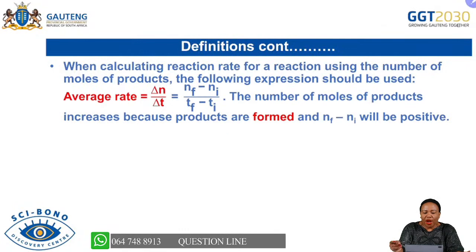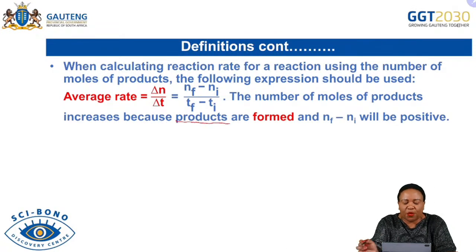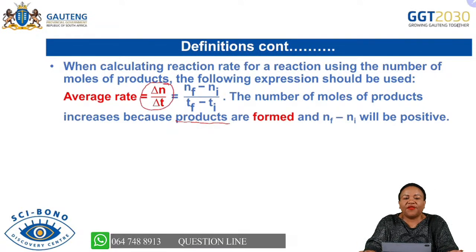Now, when you calculate in terms of the products, in terms of the number of moles or mass or concentration of the product, you will see that we don't put a negative, because definitely our final number of moles or final concentration or final mass will be greater than the one that we started with, because the products are being formed.